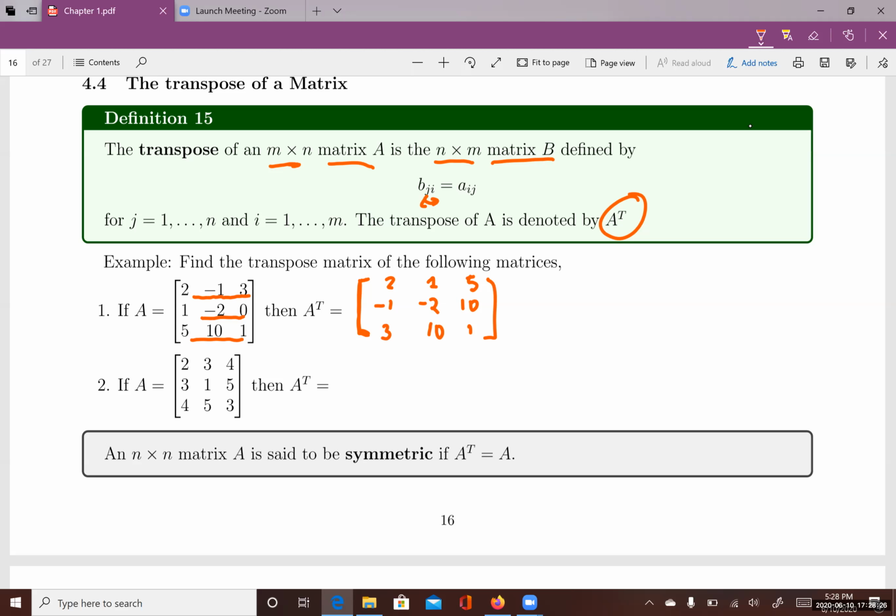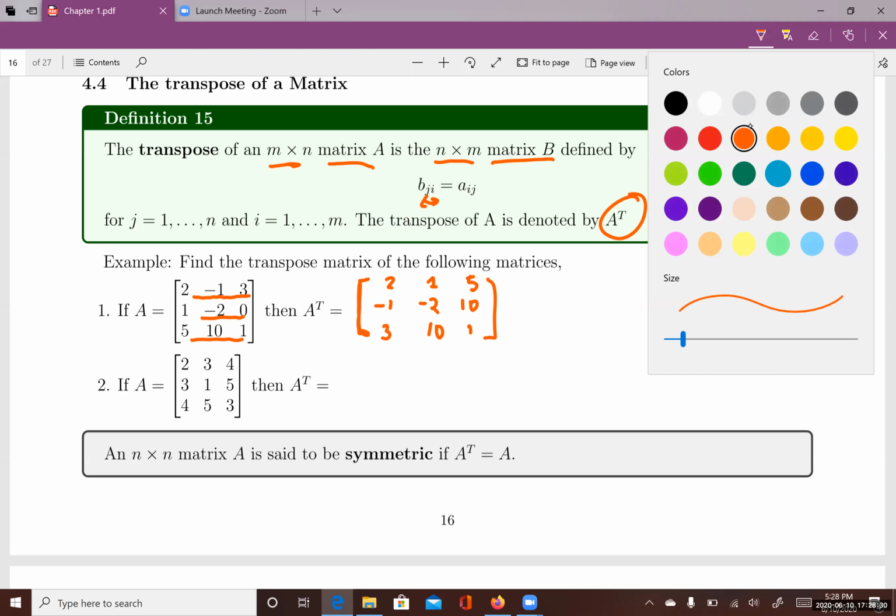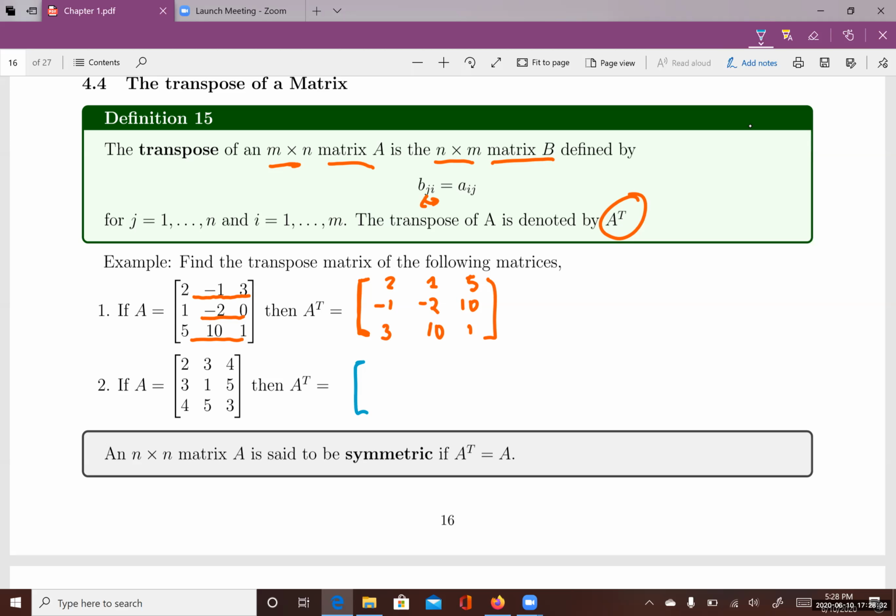Now, the next example. For A transpose, again, I take the first row and make it the first column, the second row the second column, and the third row the third column.